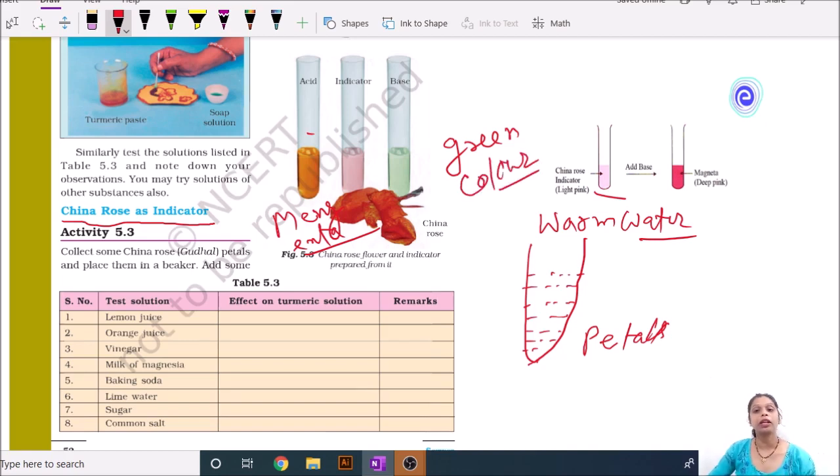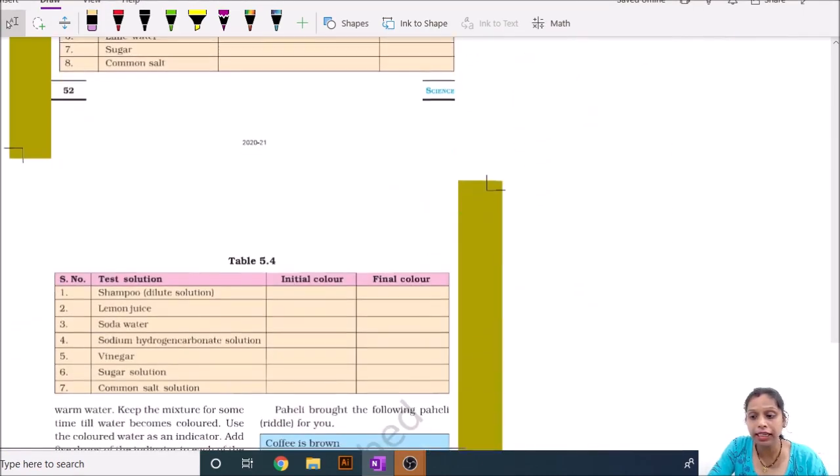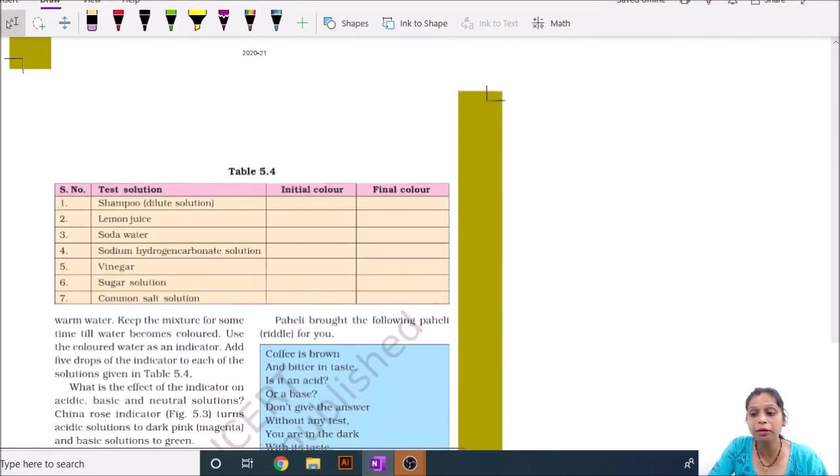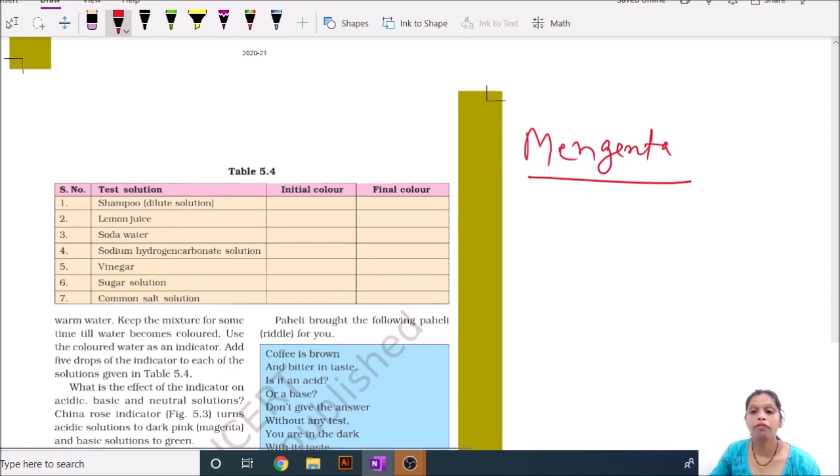Then it shows that whenever we put China rose indicator into an acid, its color changes into magenta.